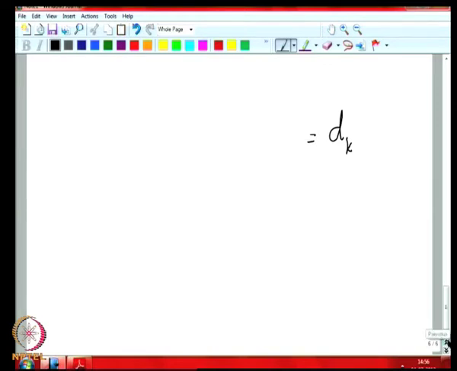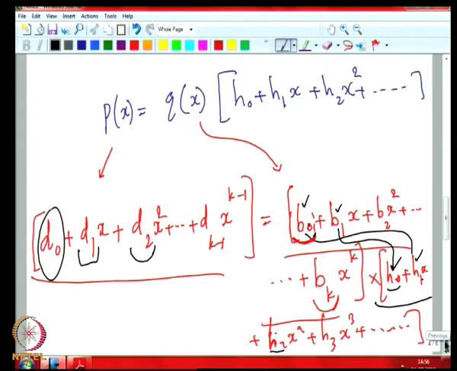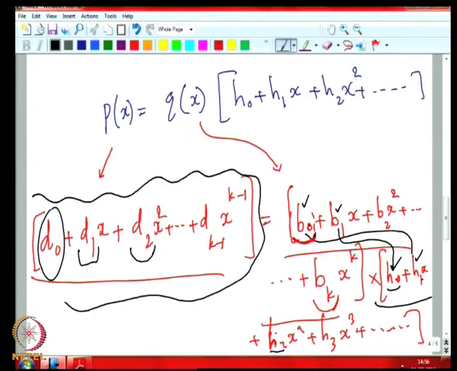On the other hand, you should note that this dk is 0. Why? Because this is p of x, a polynomial of degree at most k minus 1.